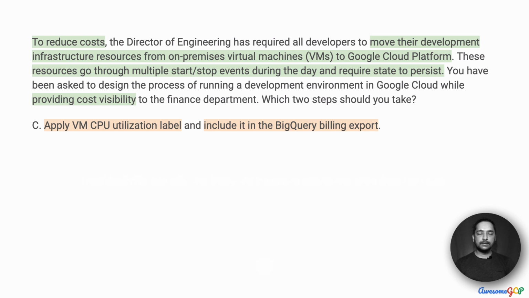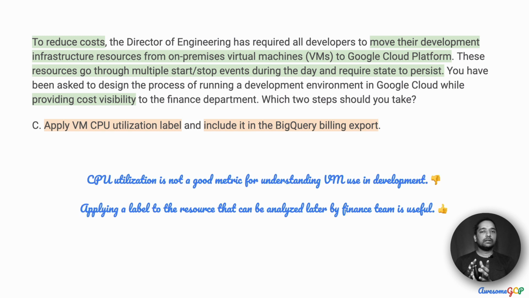Option C suggests we apply VM CPU utilization label and include it in the BigQuery billing export. Now, CPU utilization is not a good metric for understanding VM use in development. Chances are that maybe the developer is looking up documentation, or is in a meeting, or is maybe writing email, during which the CPU is not highly utilized.